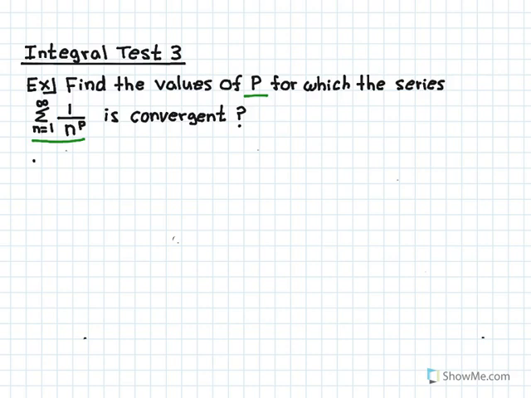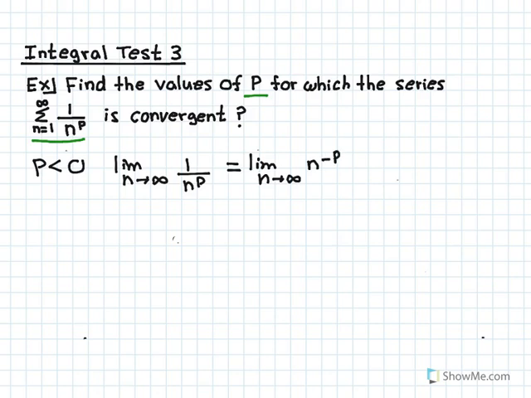Now notice that if p is less than 0, then the limit as n goes to infinity of 1 over n to the p, which is equal to the limit as n goes to infinity of n to the minus p, will approach infinity.